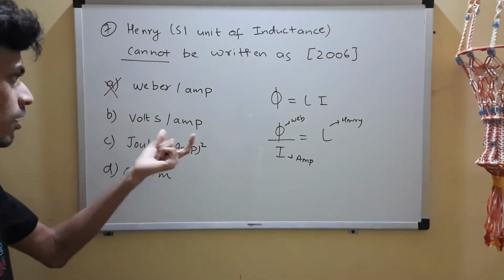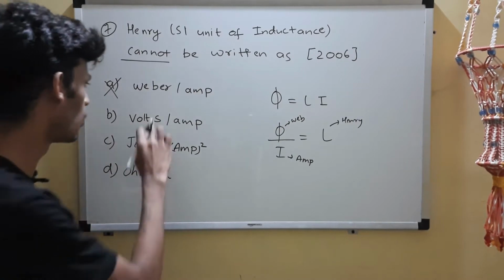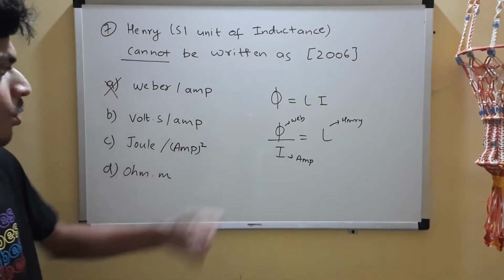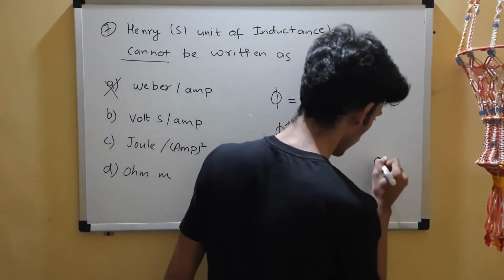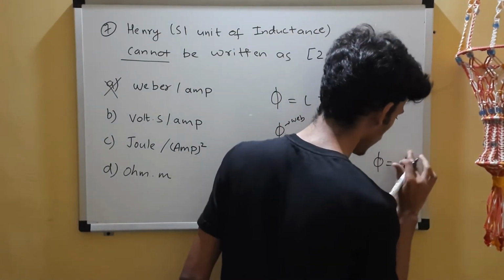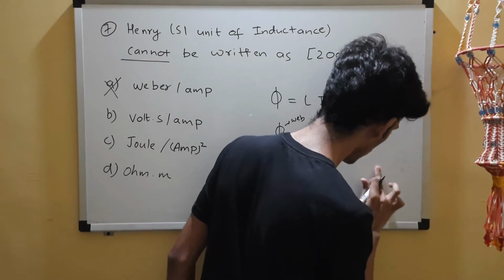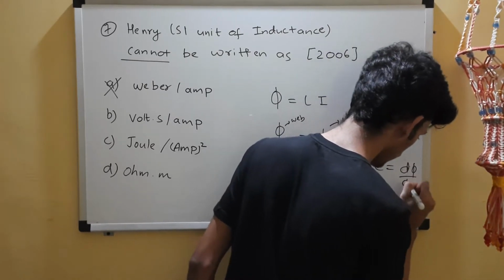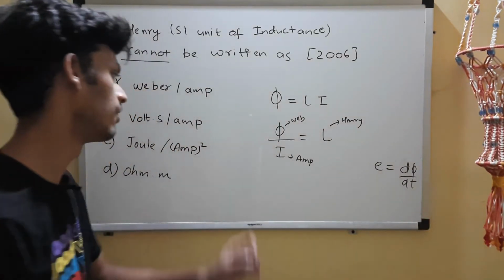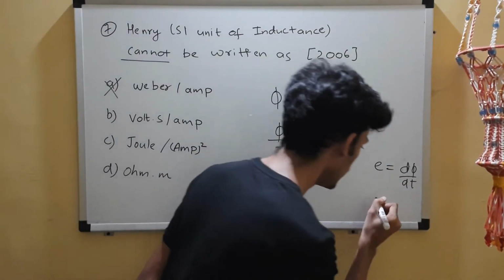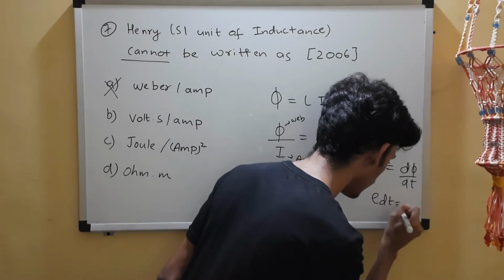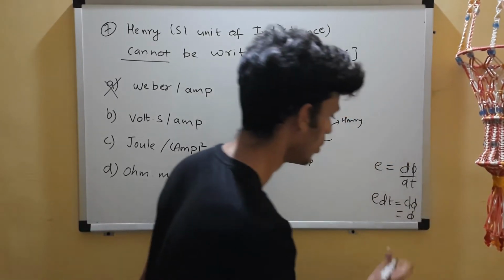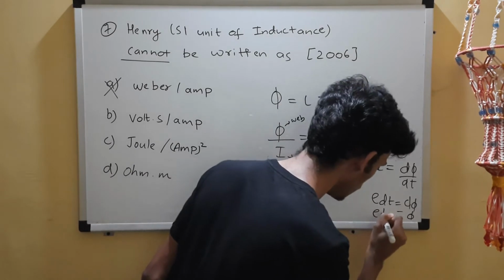Now again, let's go one step further. It means volt into seconds. Okay, so here we can use Faraday's law, just exclusively using the formulas. So E is equal to d phi by dt. Let's forget the sign. So you can see that d phi is E dt, or dimensionally you can also refer as phi is E into T, right?